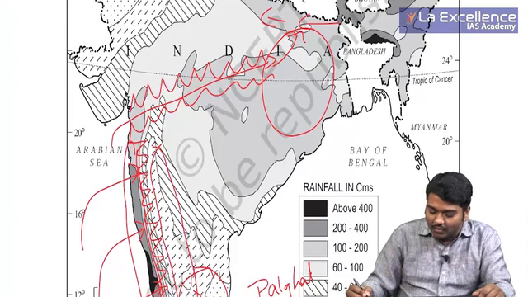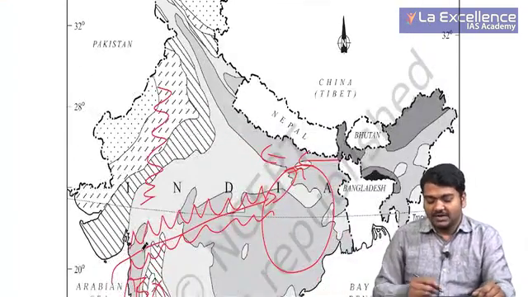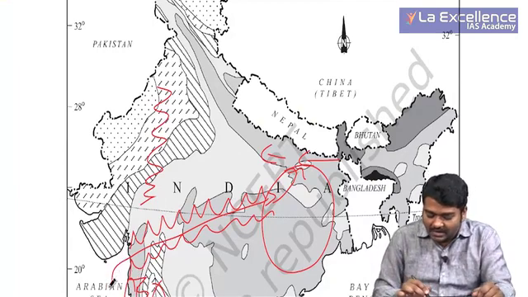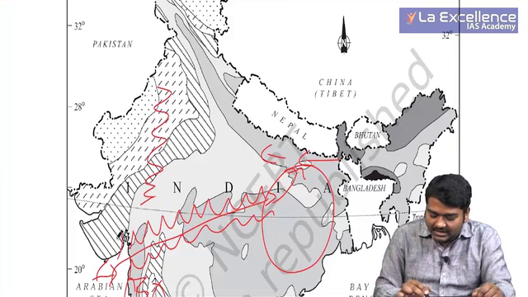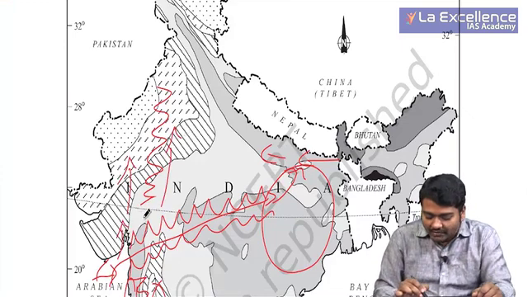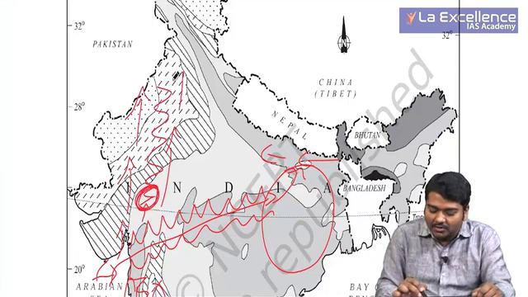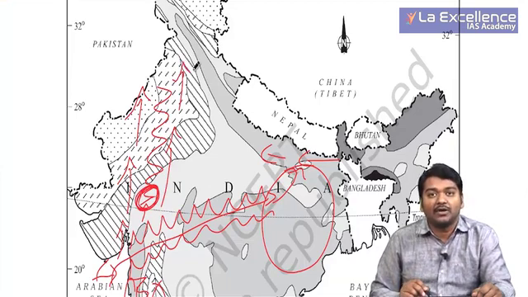Further above, we have the Aravalli mountain ranges. But what happens? The winds after hitting the Western Ghats start moving in a parallel direction. So when they move like this, this particular portion will get rainfall. But here it is moving parallel to the Aravallis, and here it is moving parallel to the Aravallis.